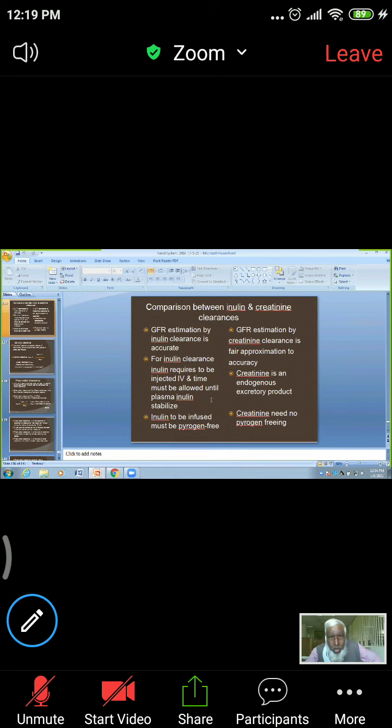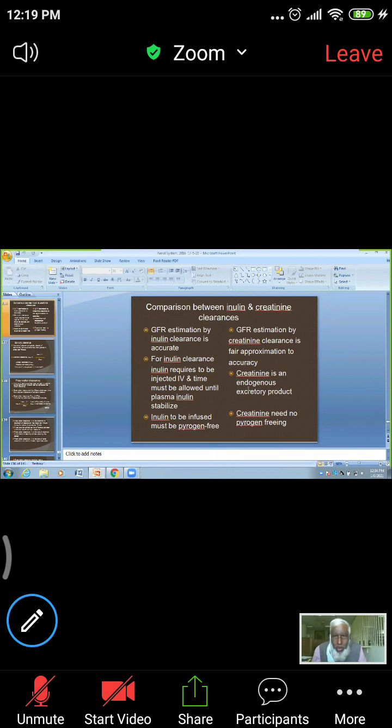We mentioned that creatinine is an endogenous excretory substance. Creatinine is produced in the body. In the body there is creatine phosphate, an energy equivalent like ATP, and when creatine phosphate is metabolized, creatinine is produced from creatine.